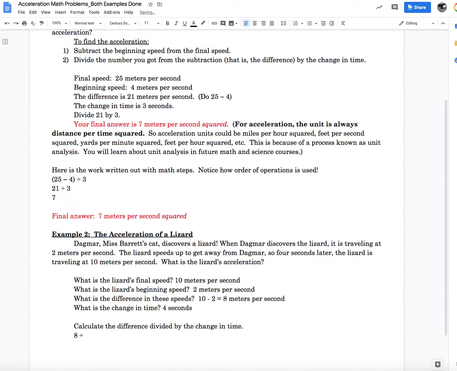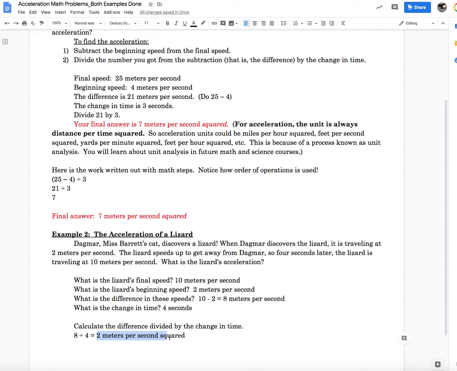So 8 divided by 4. So that's the difference in the speeds divided by 4. So that's 2 meters per second squared.